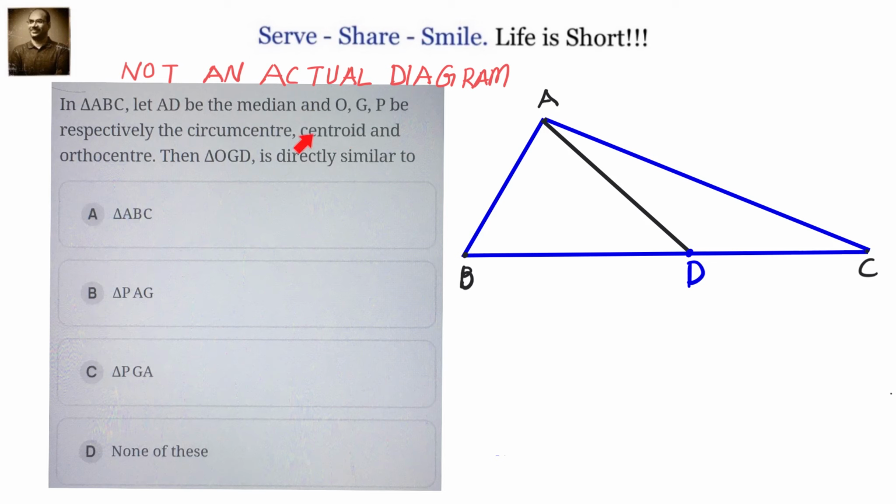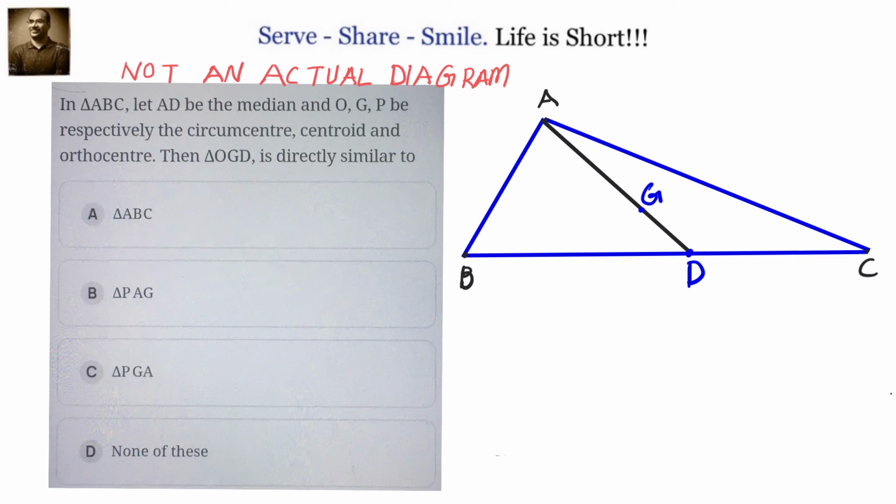The first thing we can easily find out is centroid, because we know that centroid divides the median in the ratio 2:1. So somewhere here I should have my centroid. Let me just place it there. We'll say that this particular point is G.